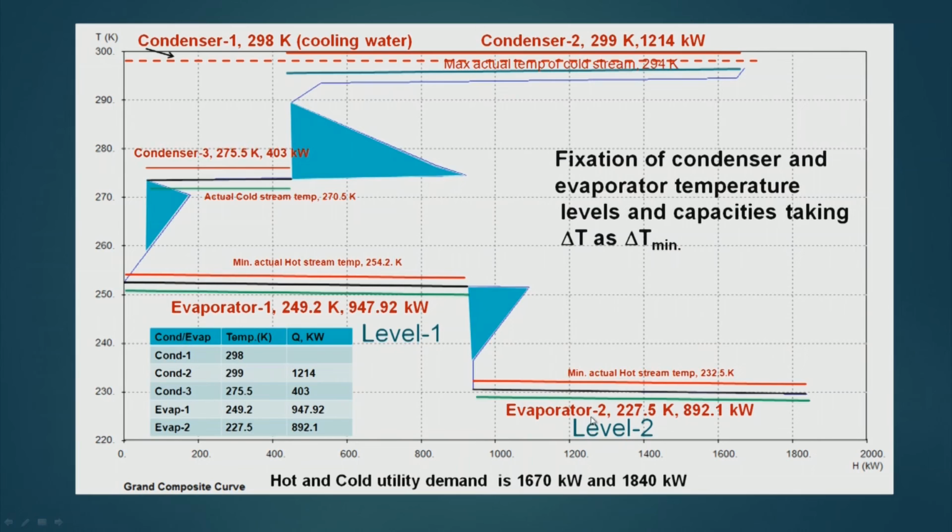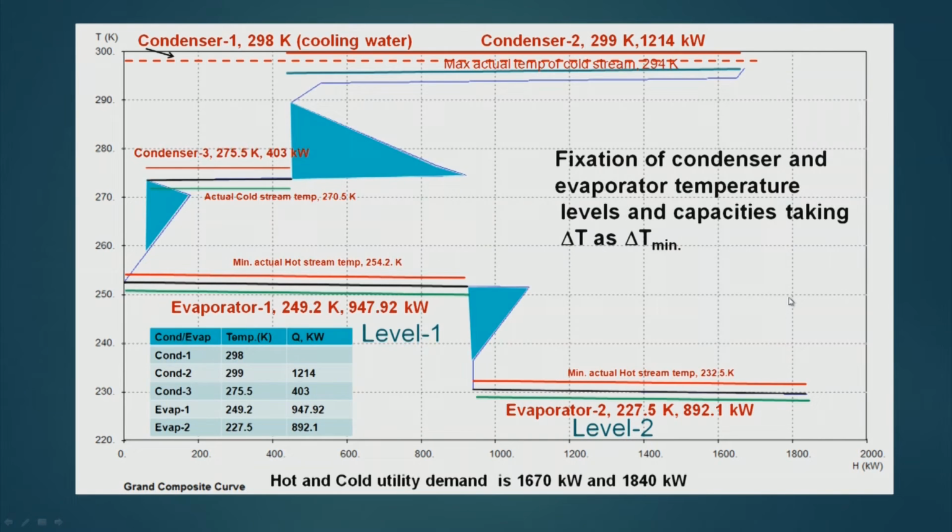So, evaporator 2 will operate at 227.5 Kelvin, and the load on this evaporator can be found by projecting these two lines, and that load is 892.1 kilowatt. This temperature level is called level 2.